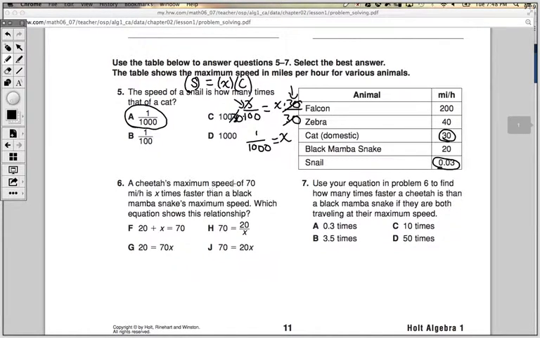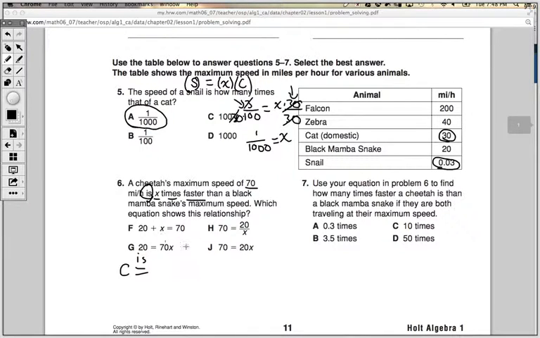All right, a cheetah's maximum speed of 70 miles per hour is X times faster than a black mamba snake. Okay, so we have X times black mamba snake. So a cheetah, C, equals, so that's where we get the is.